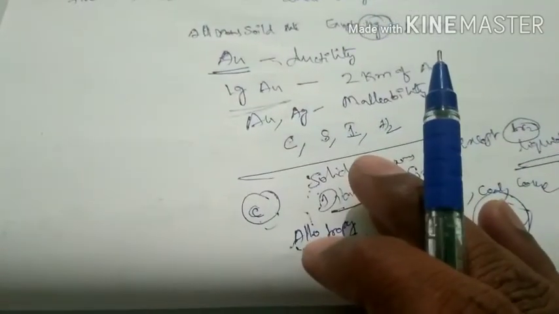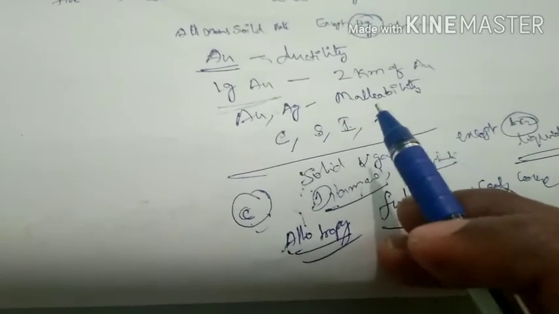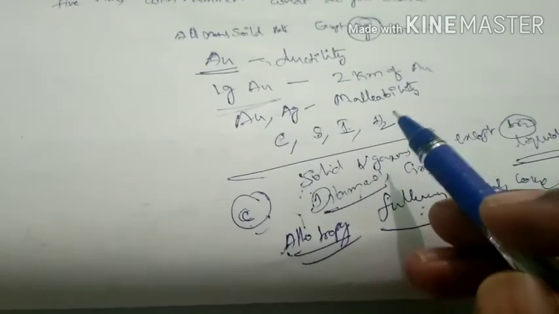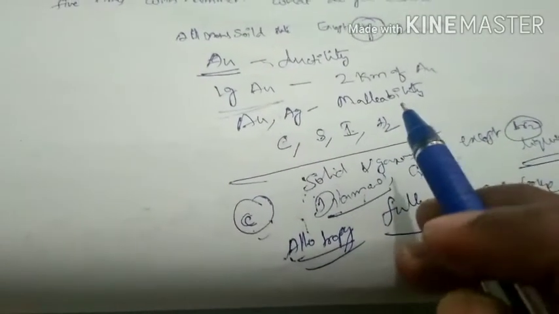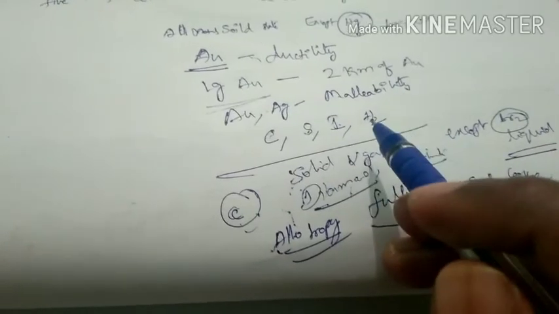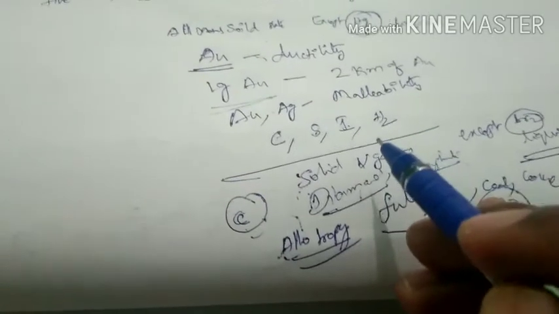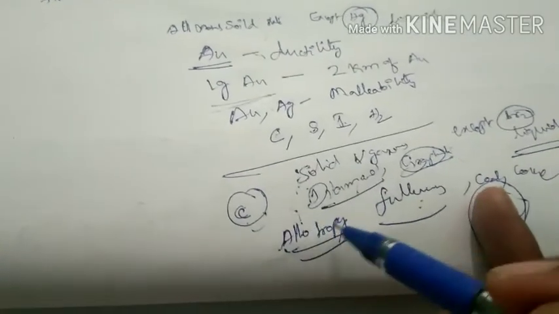All metals conduct electricity, and all non-metals do not conduct electricity, except graphite. Graphite is one of the allotropic forms of carbon.